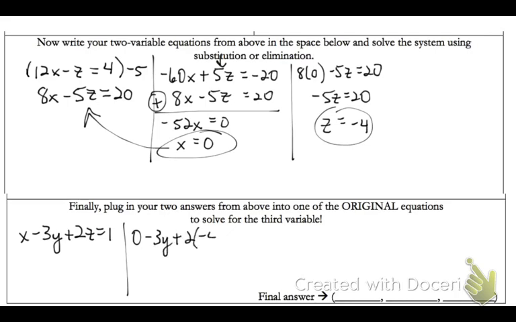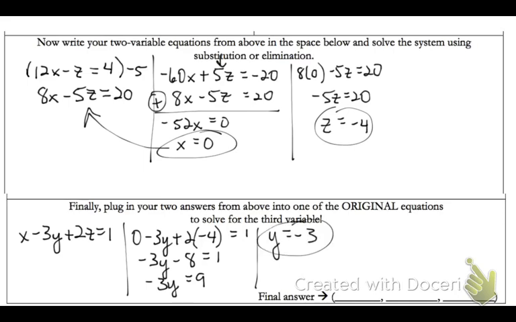I know what z is, which is -4. That'll equal 1. So -3y minus 8 equals 1. -3y, I'm going to add the 8 to both sides, so that'll give me positive 9. So y equals -3.